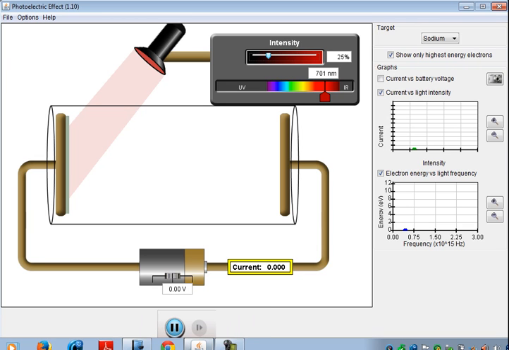And the brighter, or the higher the intensity of the laser light shined upon the metal, the greater the kinetic energy of the ejected electrons, because by conservation of energy, the electrons ejected would have absorbed more energy.